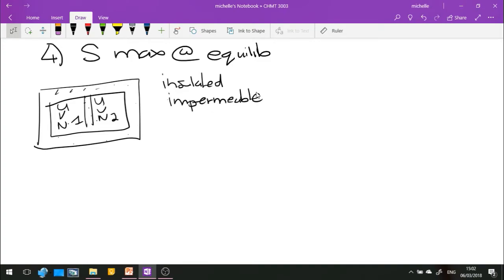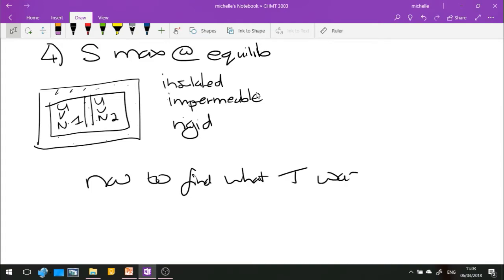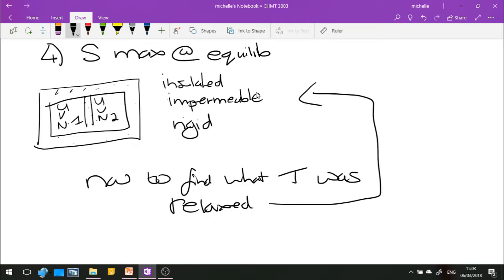And then also you'll have a rigid one. So now, to find what T was, what we actually did is we relaxed one of these. And in the class example, we said that Q was not 0 for the middle barrier.